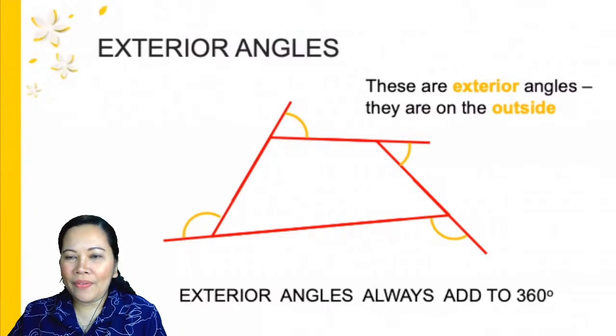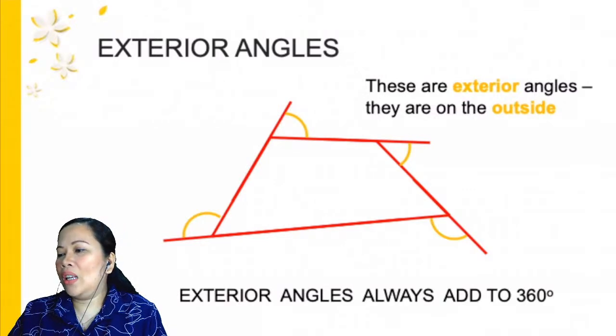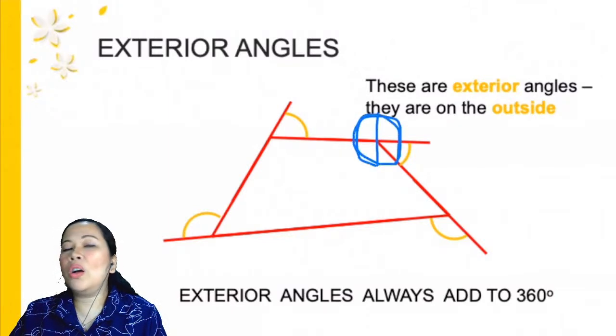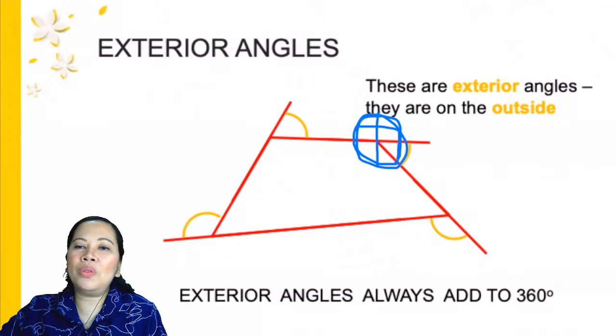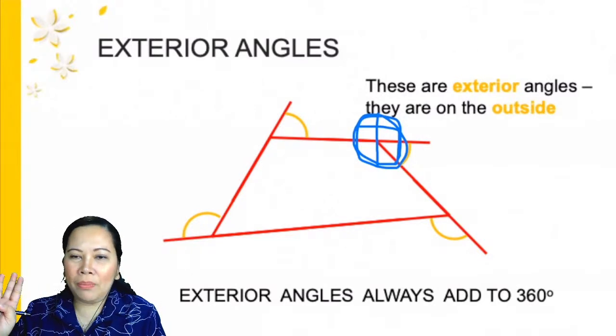Why is it 360? Because if we extend this, it would be a full circle, and a full circular movement is a total of 360. That's why the exterior angles always add up to 360.